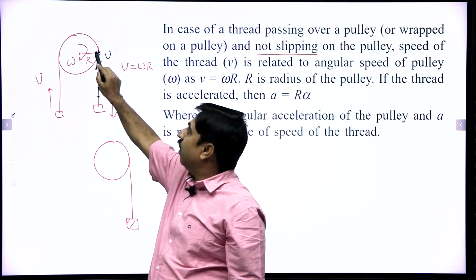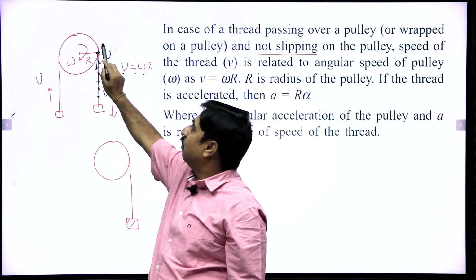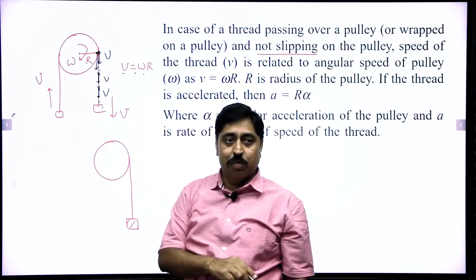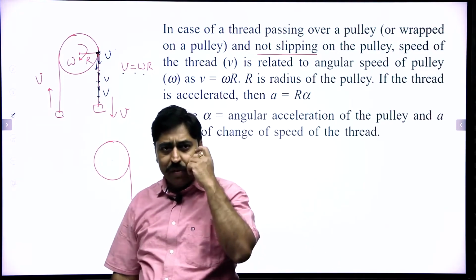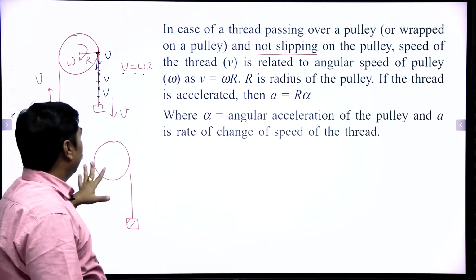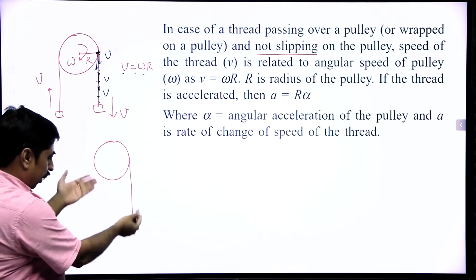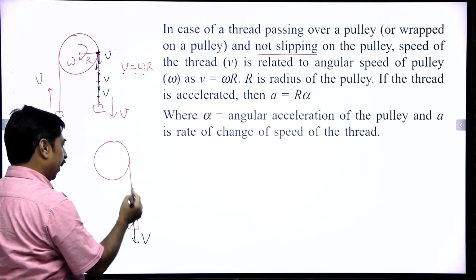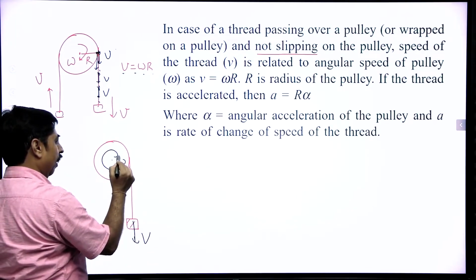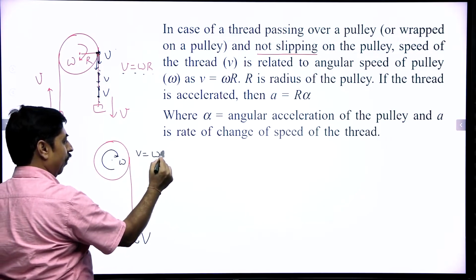So the speed of this point, which is omega into r, must be same as the speed of all these points. So when there is no slippage, v is equal to omega r. And here also it is true, if it is moving at speed v, this pulley has to rotate and v must be equal to omega r.